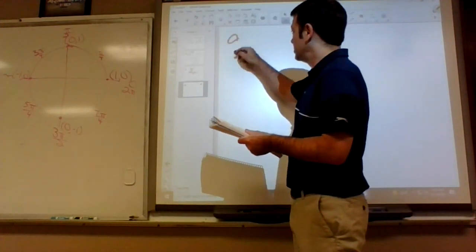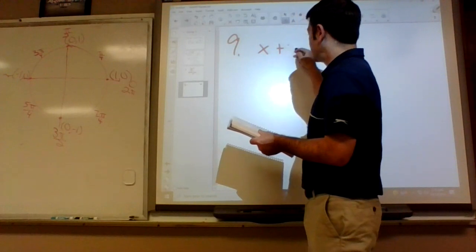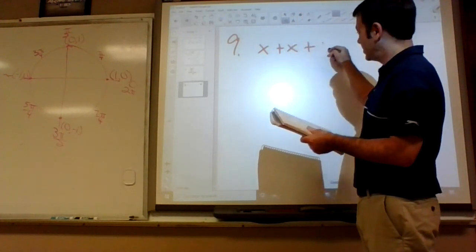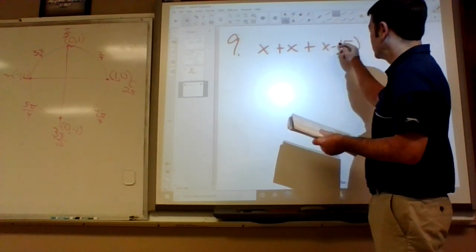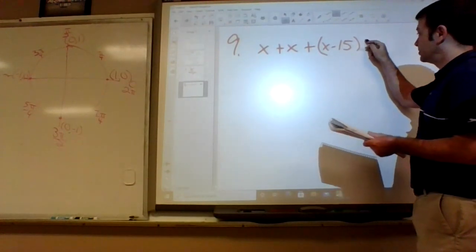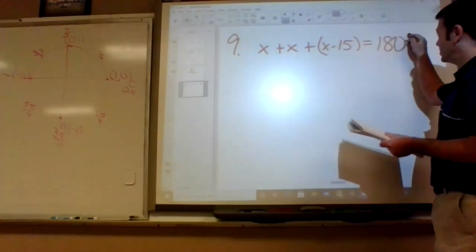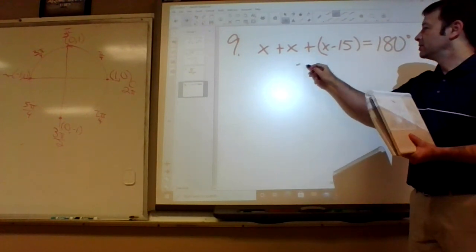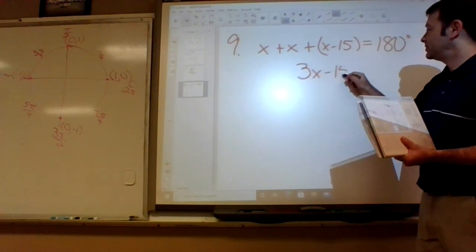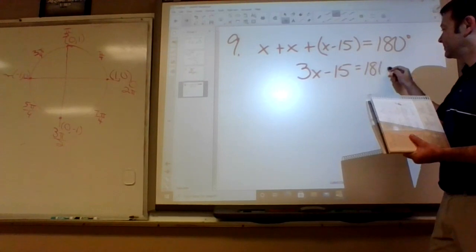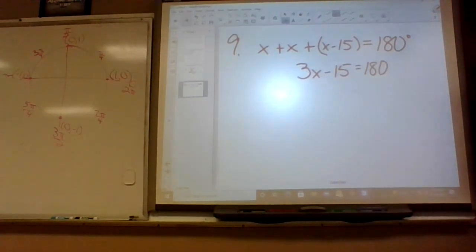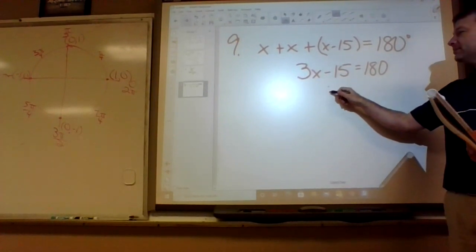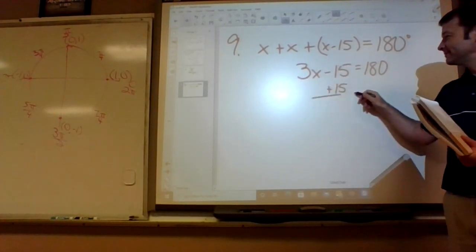So X plus X plus X minus 15 should add up to 180. How do I simplify this? 3x minus 15 equals 180. Add 15.